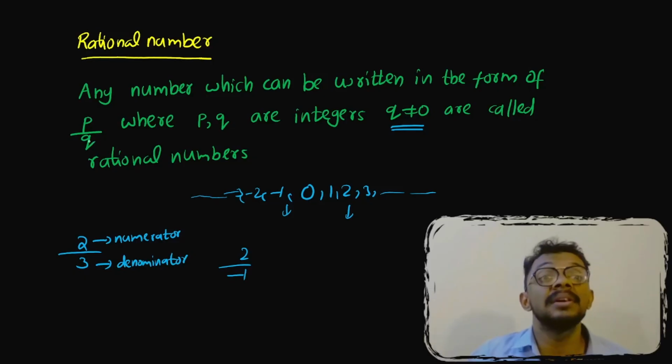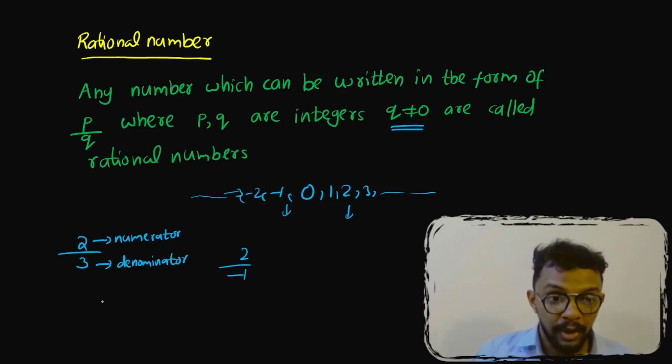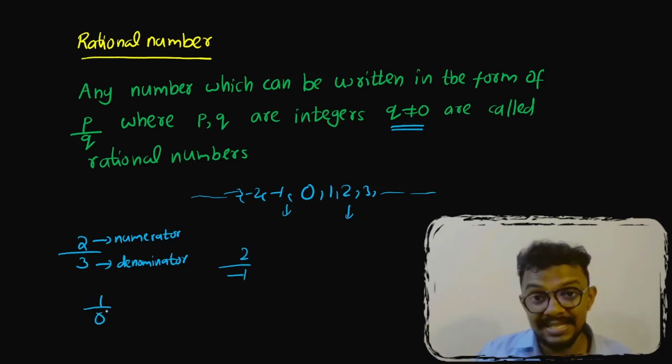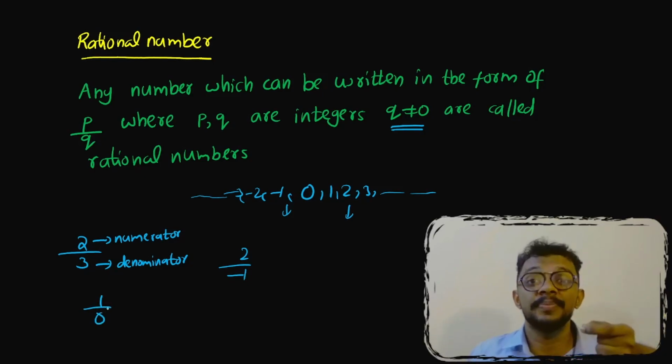Here, the denominator q cannot be 0. Do not think 1 by 0 is a rational number. It's not, because q cannot be 0.